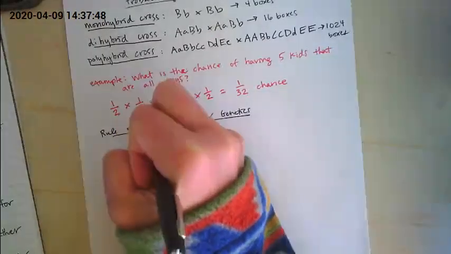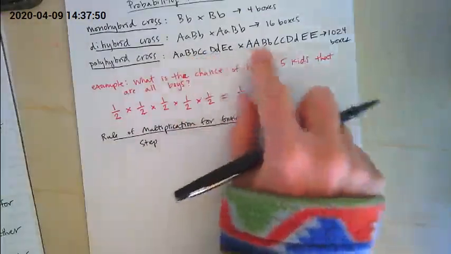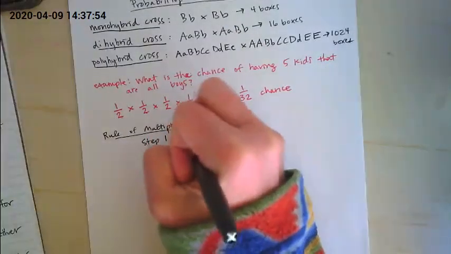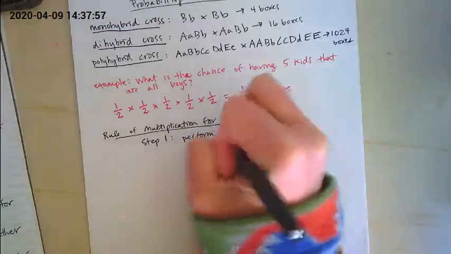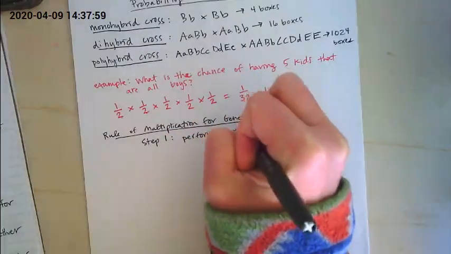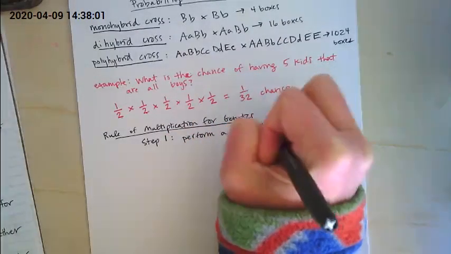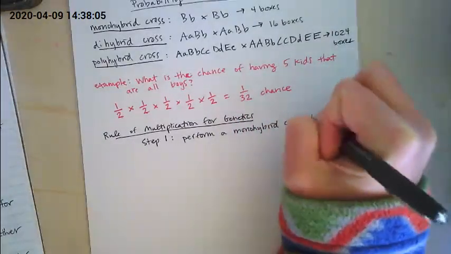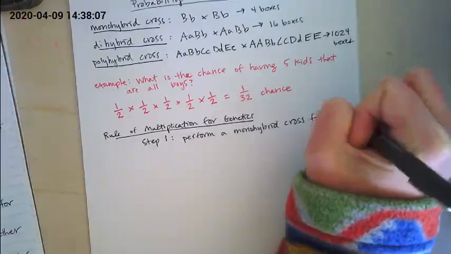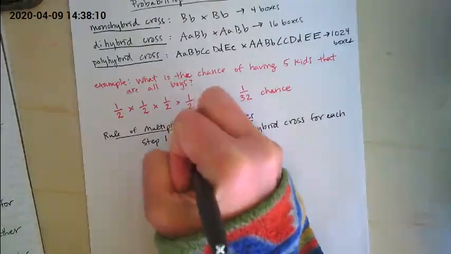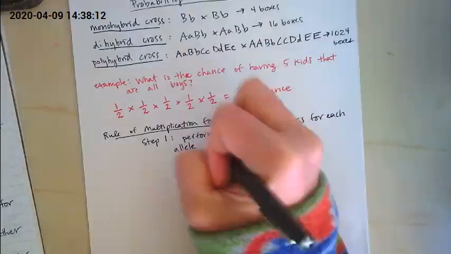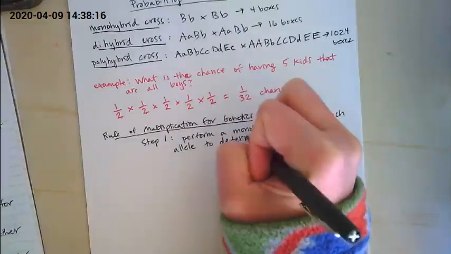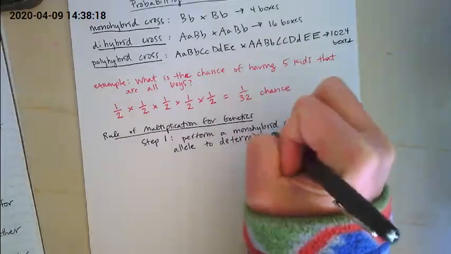The first thing you're going to do when you see an ugly problem like this up here, step 1, is perform a monohybrid cross for each allele, so then you can determine genotype frequency.